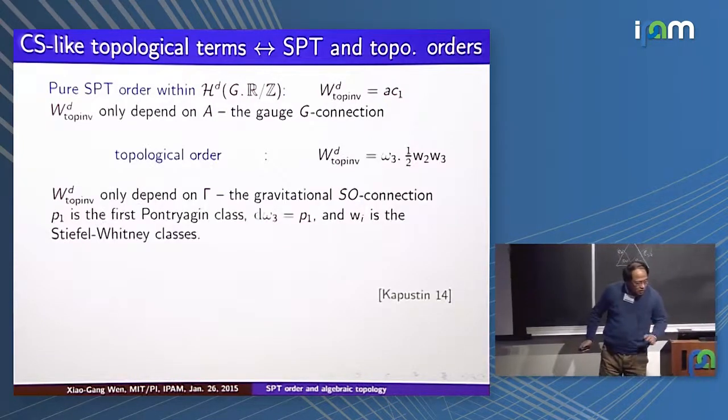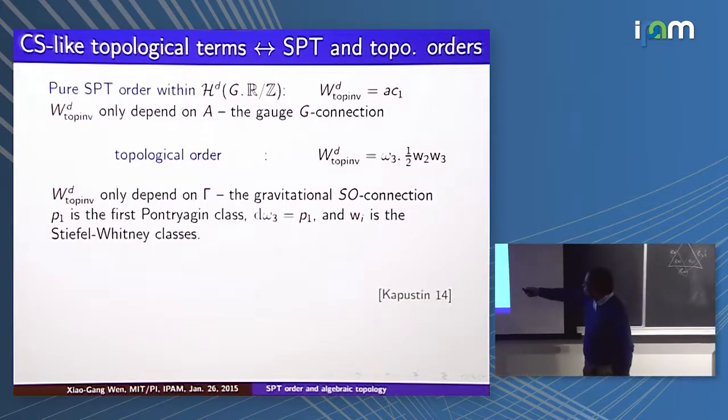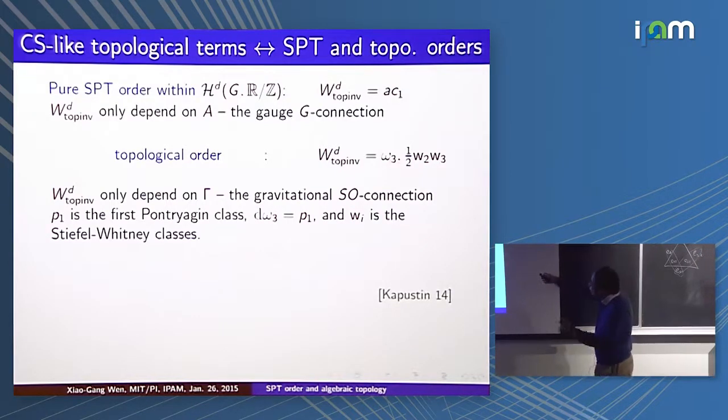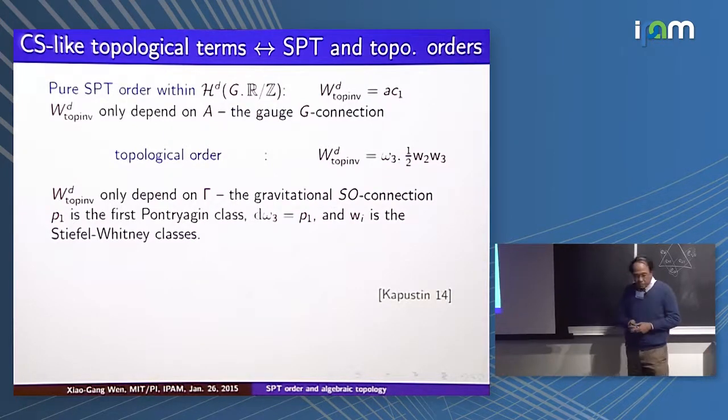For the topological order, the topological invariant can be the gravitational Chern-Simons term, this kind of simple Witten class W2W3 as proposed by Kapustin, in 5 dimensions. So this gives us a topological order with a pure gravity anomaly, because the gravitational term W2W3 only depends on the SO(n) connection of the tangent bundle of space-time. So it is a purely gravity term.